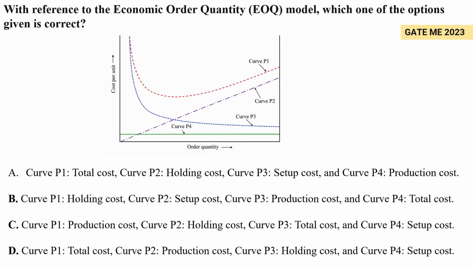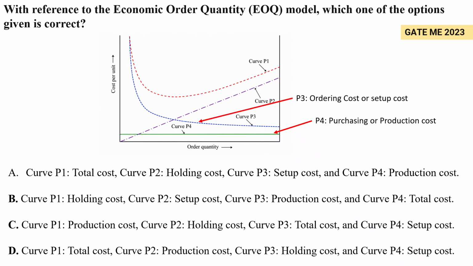With reference to the economic order quantity model, which one of the options given is correct? Here it is given the graph for the cost per unit and the order quantity, and here curve P4 represents the purchasing or production cost, curve P3 is for the ordering cost or setup cost, curve P2 is for the carrying cost or holding cost, and curve P1 is the total cost.